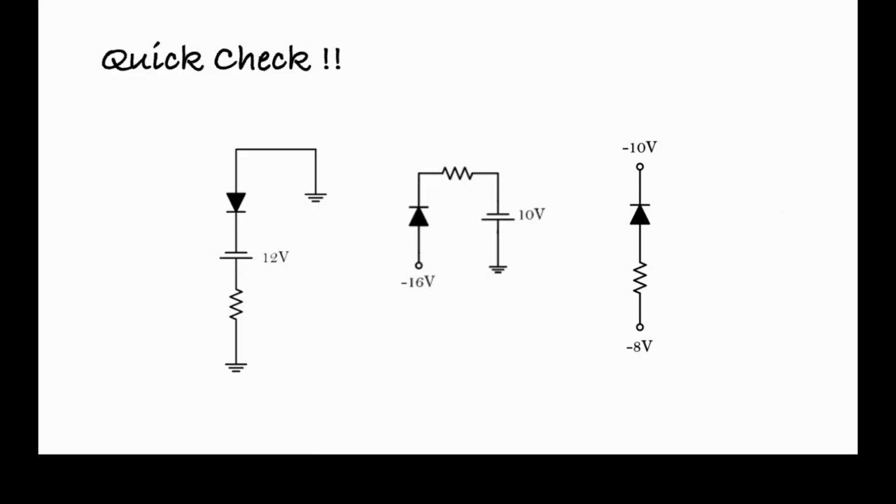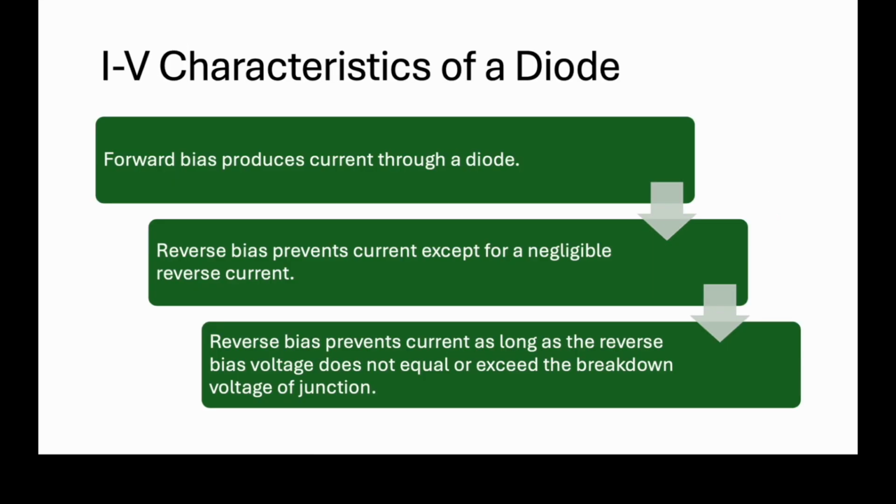All right. So now let's look at the IV characteristics of the diode. We have learned before when the diode is in a forward bias configuration, and how to determine the forward bias configuration.